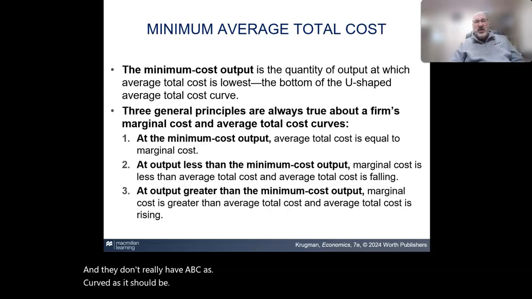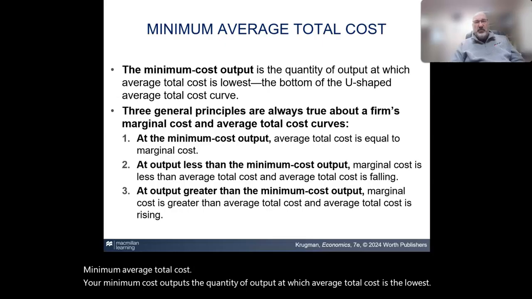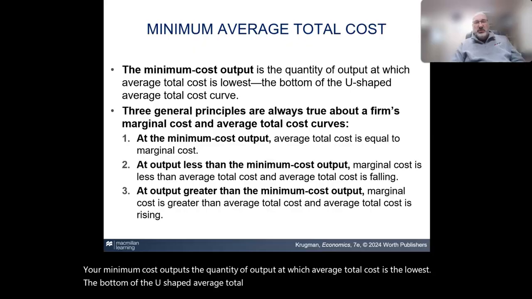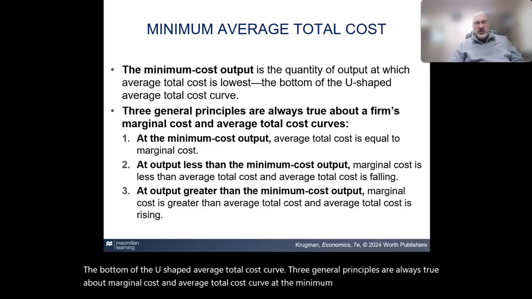Minimum average total cost. Your minimum cost output is the quantity of output at which average total cost is the lowest, the bottom of the U-shaped average total cost curve. Three general principles are always true about the marginal cost and average total cost curves. At the minimum cost output, ATC is equal to marginal cost.